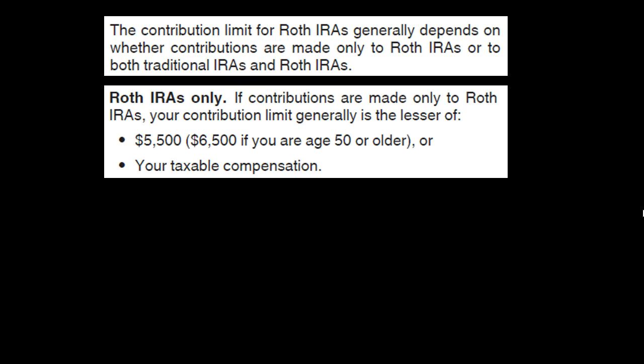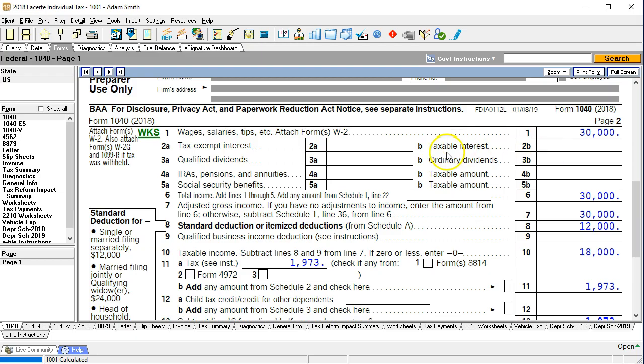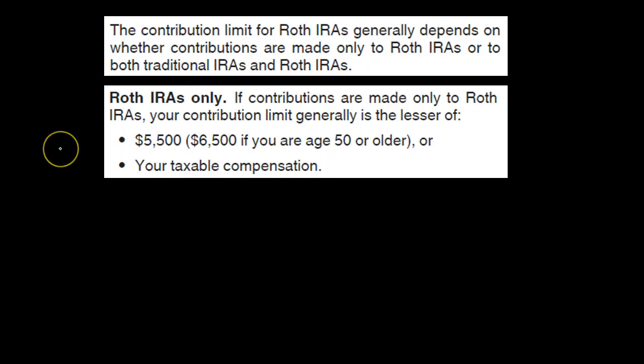So if you have no other things going on, if you're taking a look at your tax return and you're saying, here's my tax return, I'm making $30,000, I didn't put any money into a traditional IRA, or I don't want to because my income is relatively low, my tax rate's relatively low, I'd rather just put it into a Roth IRA because I think that might be more beneficial, then the limit is going to be similar to that which we saw for the traditional IRA: $5,500 for most people, $6,500 for anybody over 50, and or your taxable compensation.